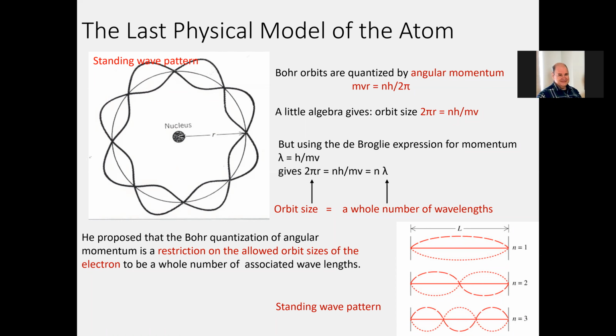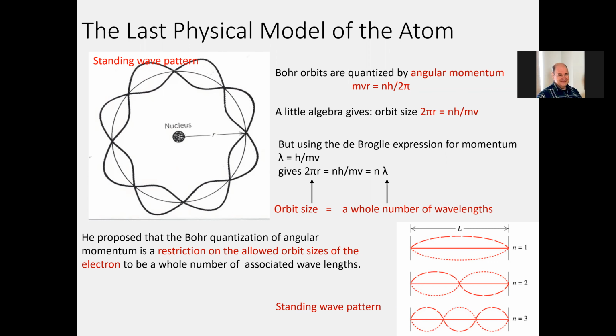If you pluck a string on a guitar or a violin, we know the ends of the string are fixed, and so the lengths of the wavelengths that you can have in a plucked string are therefore quantized, because they have to fit into a half number of wavelengths of the length of your string. But still, there's a constraint on the kinds of wavelengths that a violin string can vibrate at.